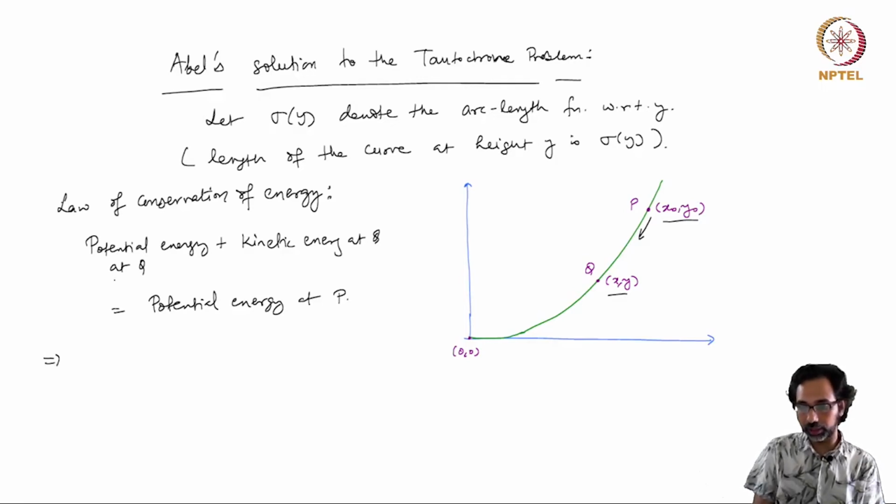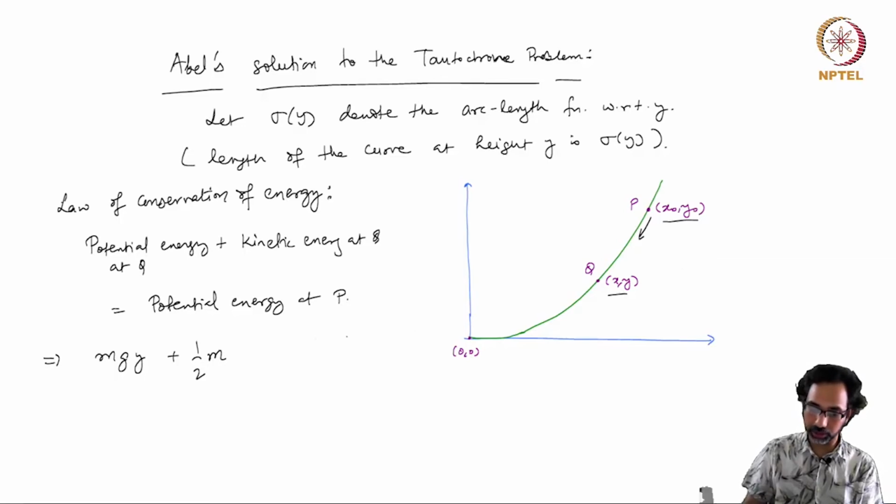So if we write the formulas, the potential energy is simply mgy, where m is the mass of the bead and g is the gravitational constant, and the kinetic energy at Q is half m times d sigma by dt whole squared.